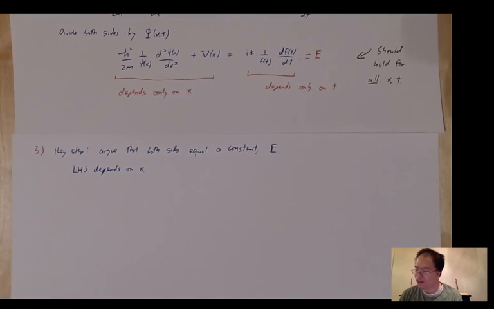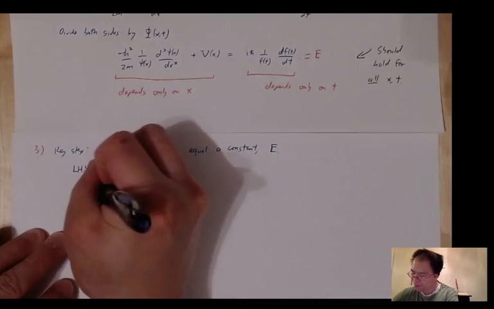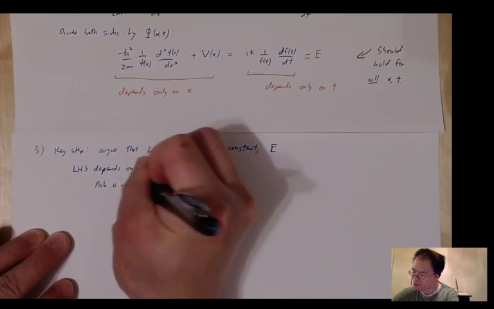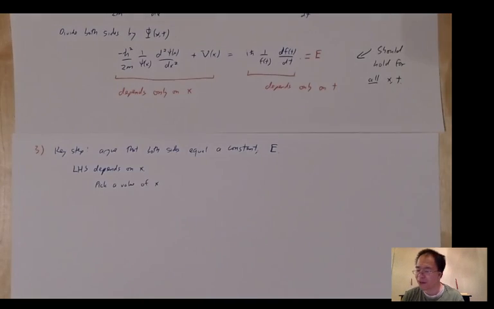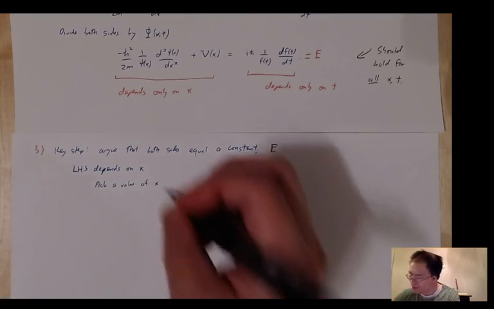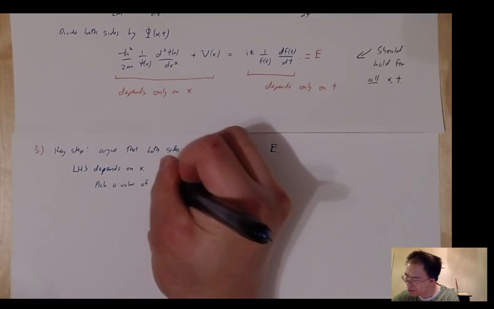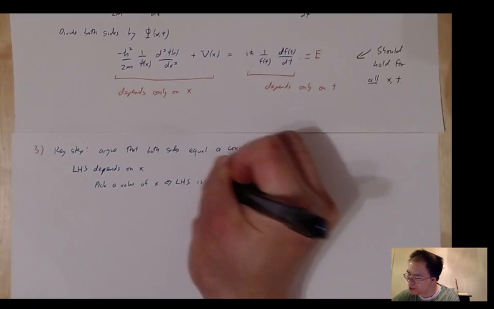So we said the left-hand side depends on x. If we pick a particular value of x, suppose x equals 0 for the sake of argument, and I evaluate the left-hand side, the left-hand side is going to be equal to some number.